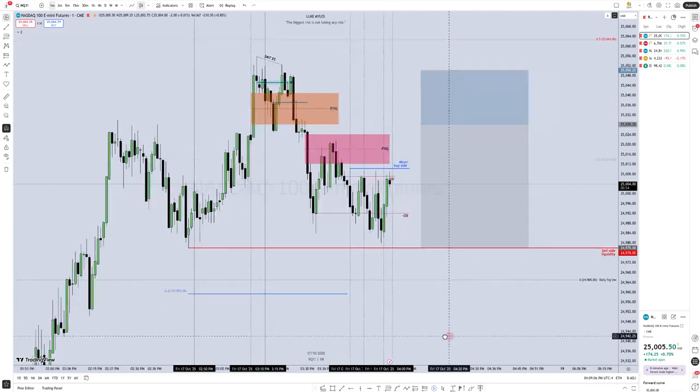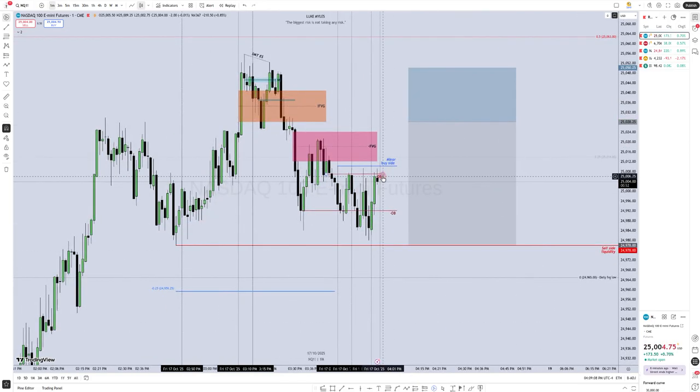Market has failed to reach our low hanging fruit objective. I told you this. Having this order block right there.